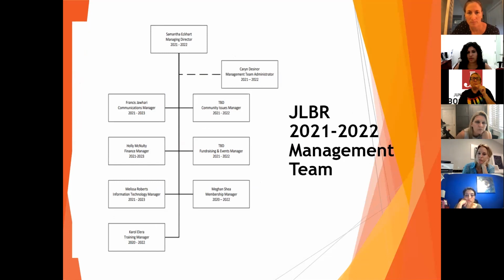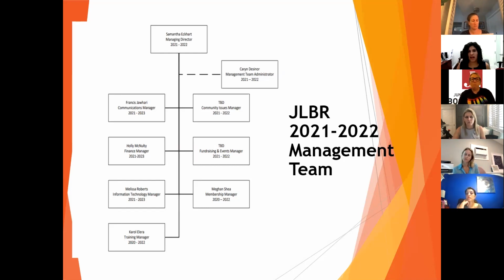Everybody in this room should know who their manager is or who they're responding to. I know that community issues and fundraising doesn't have a manager yet, but Sam is filling in for now. So these are all our managers here. Everybody should have at least met with your manager by this point and had some sort of interaction. If you haven't, please make sure that you're reaching out, or if you have any questions, we can always help you.